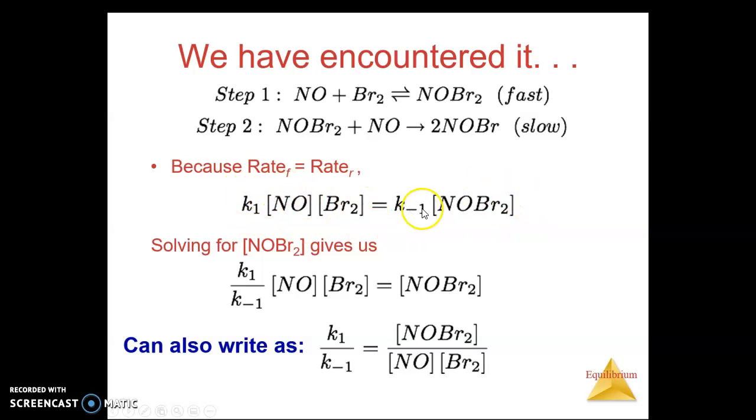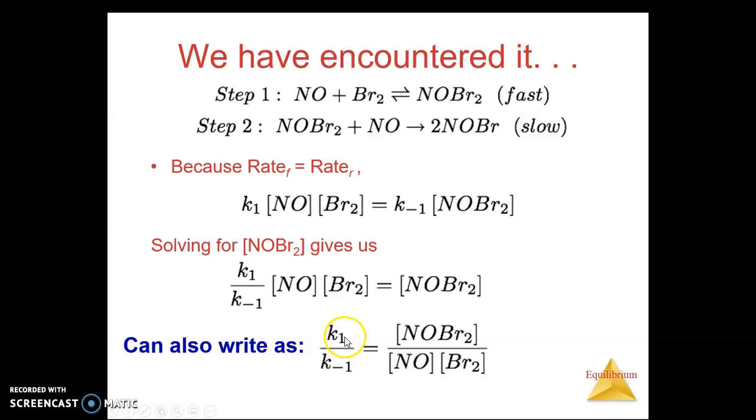If we solve for the NOBr2, we get k1 divided by k minus 1. In other words, we just divide both sides by k minus 1. And that gives us the formula for NOBr2. We could also write it as k1 over k minus 1 is equal to NOBr2. We divide both sides by both of these reactant concentrations, and so we see now they're in the denominator.